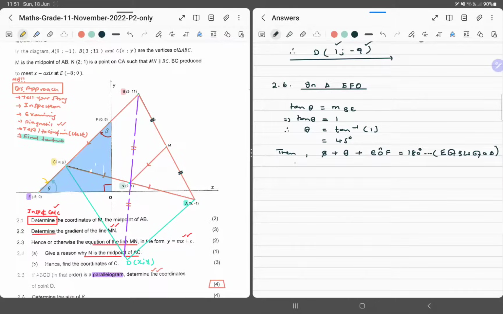So this implies that beta plus 45 degrees plus EOF, which is at the origin, so you don't need to explain that, equals 180 degrees. And this also implies that our beta is going to be 180 degrees minus 90 degrees minus 45 degrees. Maybe let's even say therefore here. So let's work it out. It's going to be 45 degrees actually, because those are complementary angles.